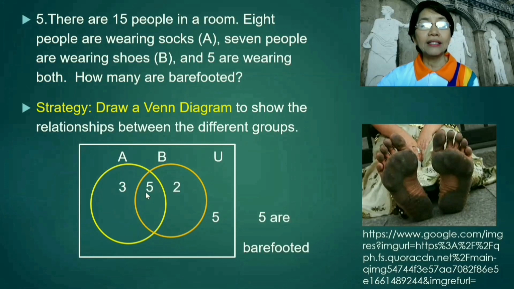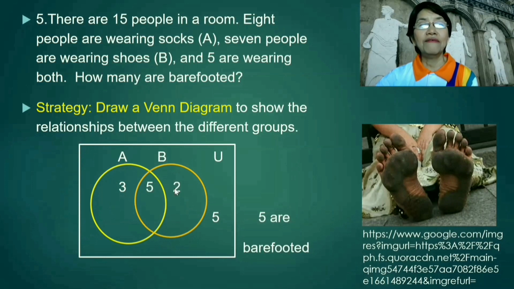So adding 5 and 3, we have a total of 8 people for set A. And then we have 7 people wearing shoes, represented by set B. So we have already 5 in the intersection, and we have to put 2 in this portion of set B. So 5 plus 2 is equal to 7. And if we add these 3 numbers, we have 10.